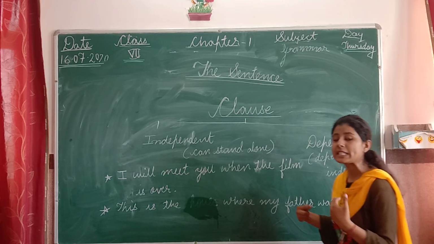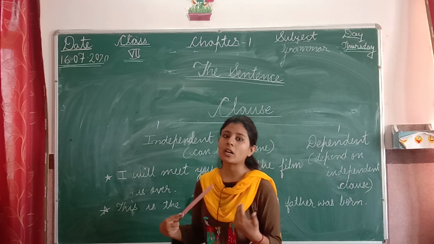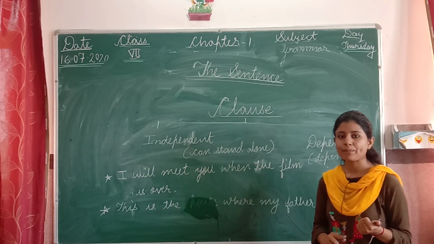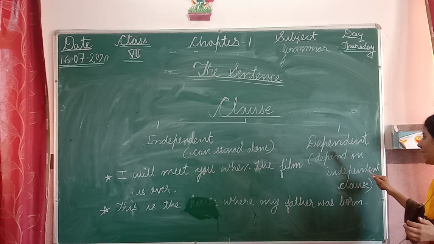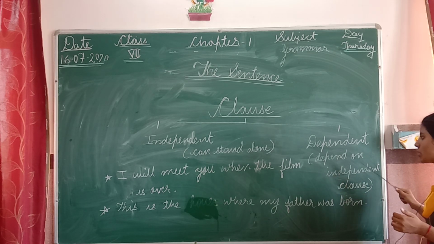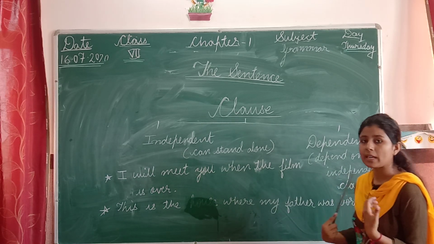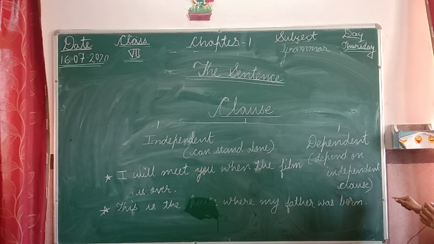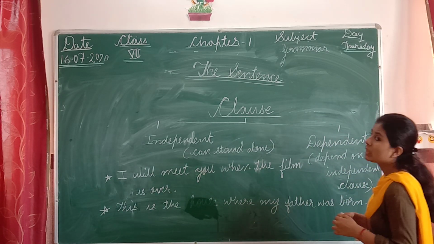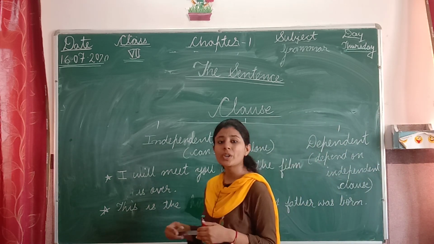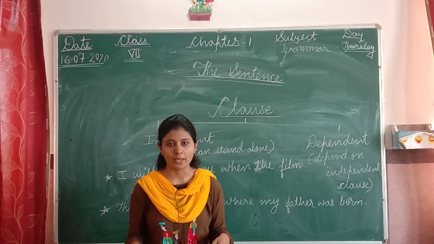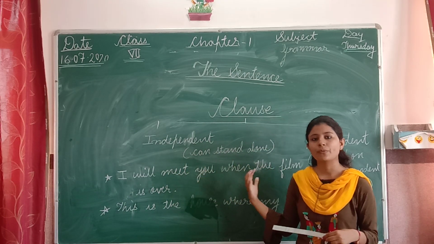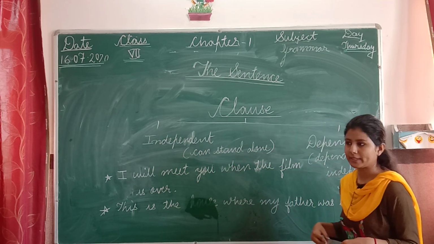Whereas a dependent clause is a clause which does not convey complete meaning and depends on an independent clause to convey the complete meaning. Let's understand both of these with two examples.